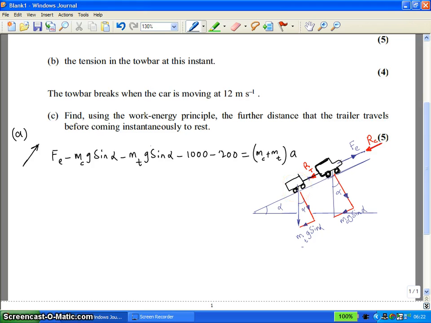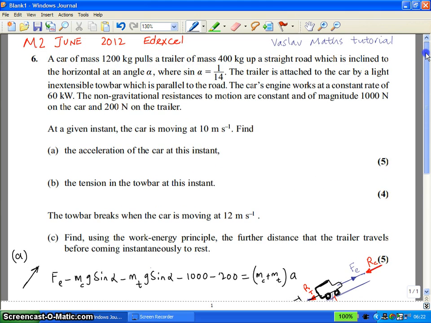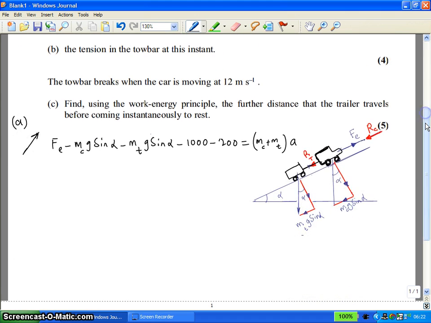The only problem is that we have not been given the force of the engine, but what we have been given is the power. We've been told that the engine power of the vehicle is 60 kilowatts, and we know that there is a relationship between power and force. Power is force times velocity.